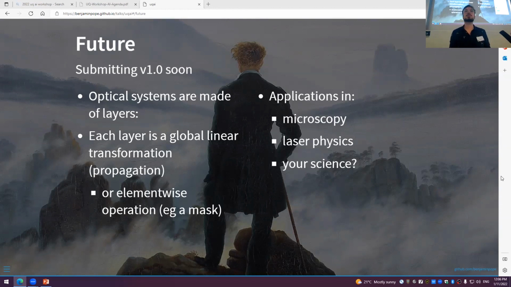Who does computational imaging? We've already had some talks on it. I know that there's at least two people in the room who do. I think this is not really a question, just an observation that I'm sure you're right that the stuff you're doing has applications in other things that people are doing around UQ.